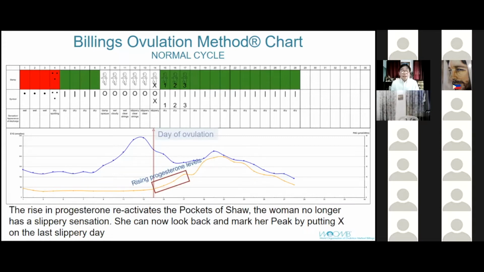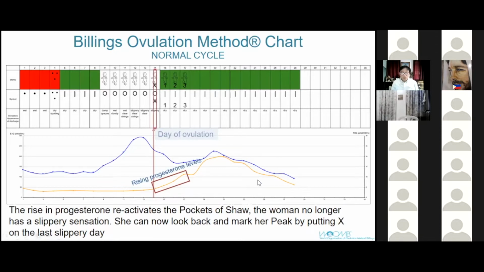Progesterone will only begin to rise the moment there would be an ovulation, because progesterone is coming from the packets of Shaw after ovulation. Clear? So looking at the yellow line, progesterone begins to rise at the day of ovulation. And it continues to rise until the luteal phase.